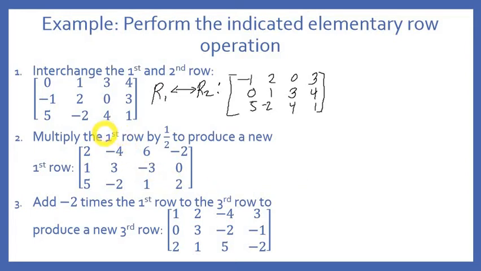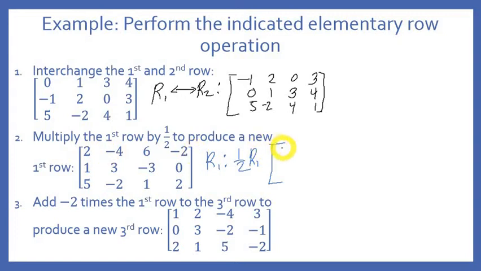Alright, so here we are asked to multiply the first row by 1/2 to produce a new first row. So we have to multiply 1/2 to produce a new row 1. Let's write it more properly. There you go. So we are asked to have a new first row, a new row 1. As you can see, I would usually write R1 to indicate row 1. To have a new row 1, I need to multiply 1/2 to the old row 1. So therefore, I need to multiply 1/2 to each of these entries.